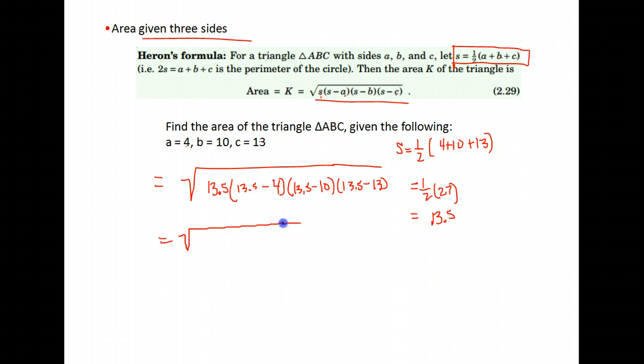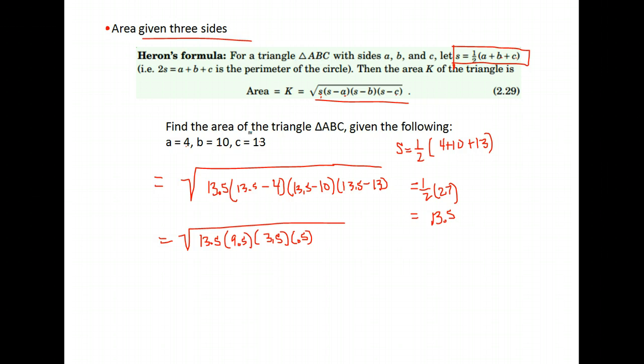I'm going to simplify that a little bit, so that gives me 13.5 times 9.5 times 3.5 times 0.5.